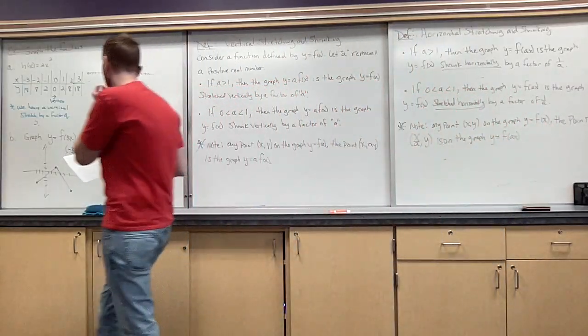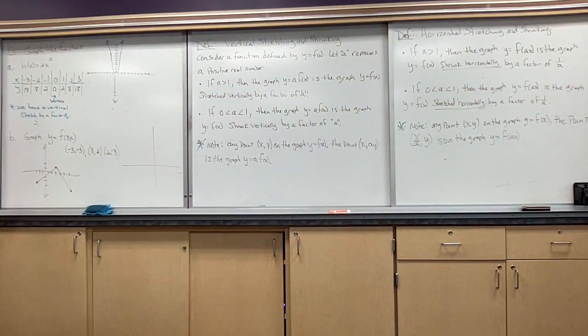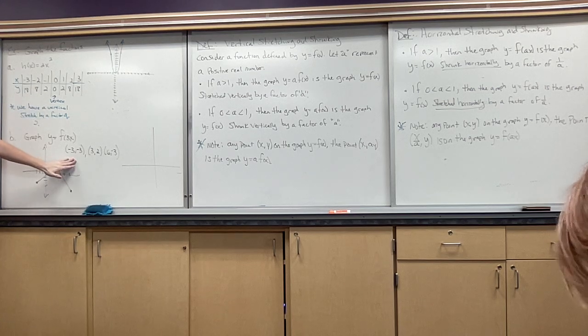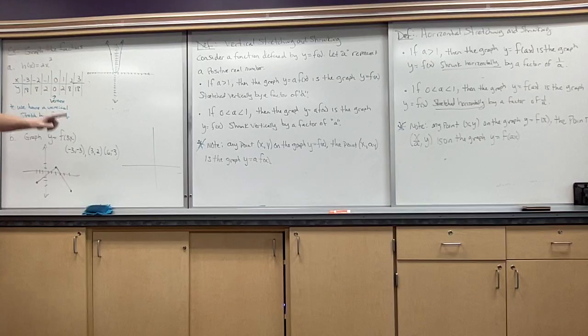Okay. Now, what do I do to these points to figure it out? Well, look at the note I put on the bottom. Okay, so here's my points. If I have a horizontal transformation happening, the point (x, y) is equivalent to (x over a, y). So what I'm going to do is take my x terms and just divide them by 3, right? That's all it wants me to do.